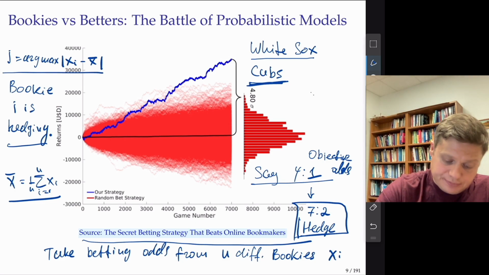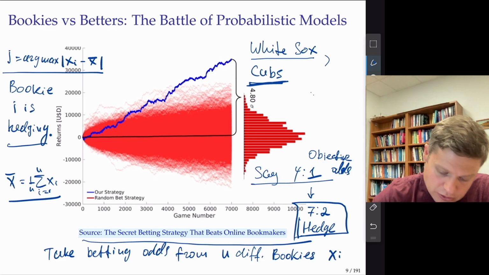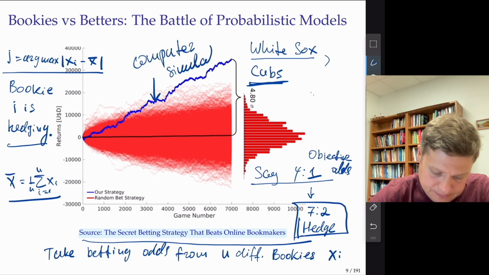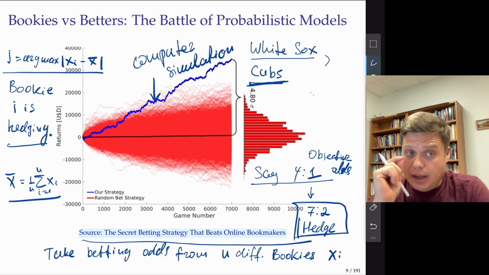And the authors of this article from MIT Tech Review actually did a computer simulation of this strategy. And what you see, this blue line here, is the result of this computer simulation. They took historical data and they applied this betting strategy to the historical data.